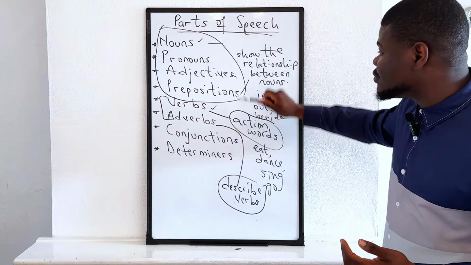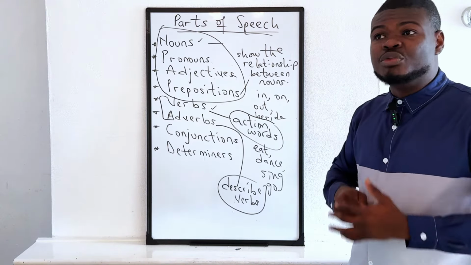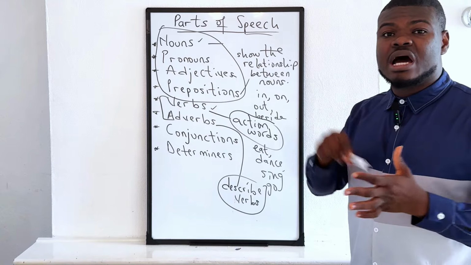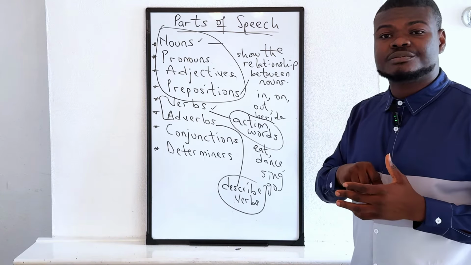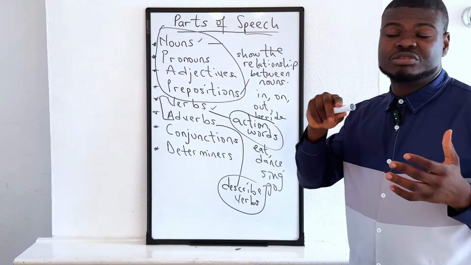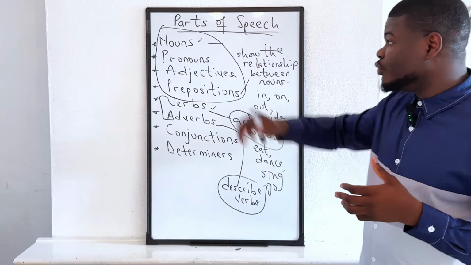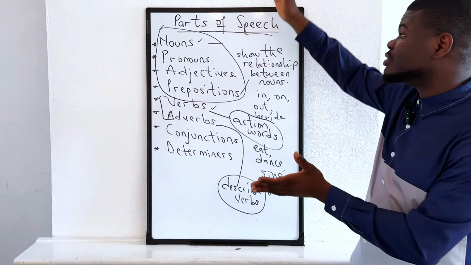So adverbs describe verbs. They tell us mostly how an action was done, when an action was done, sometimes why an action was done. And all of these even go beyond just individual words.